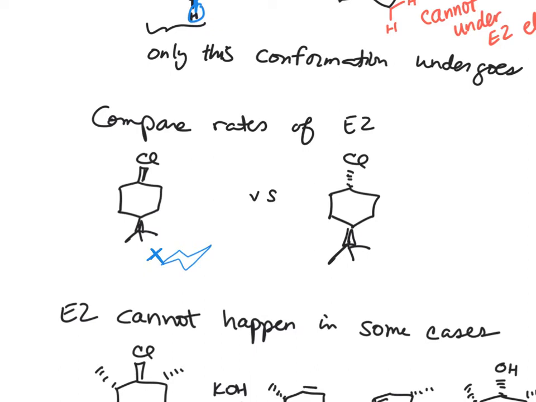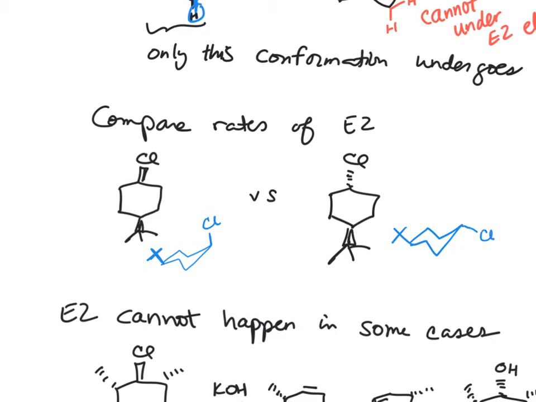And because we've made it up on a down carbon, we need to put the chlorine on an up position. So we're going to put it here. Whereas in the conformation on the right, we're going to put that tert-butyl group up, and that makes our chlorine with a dash go down.